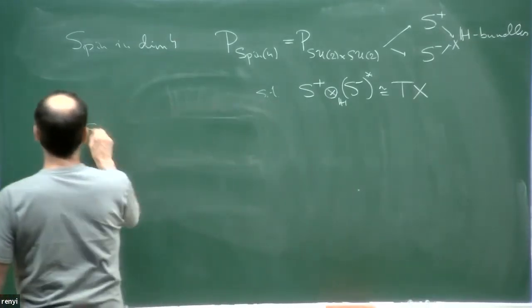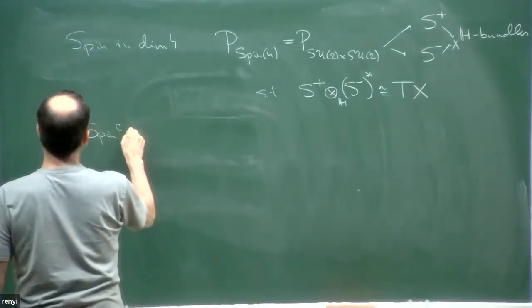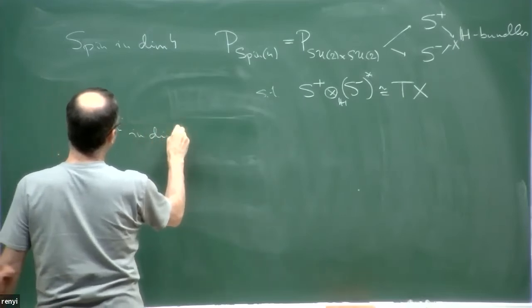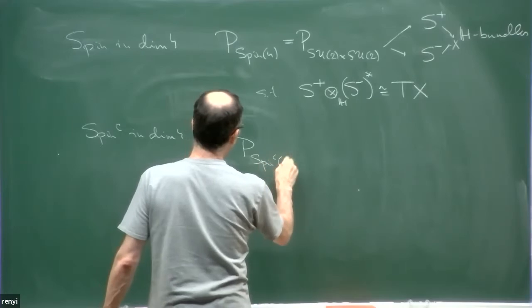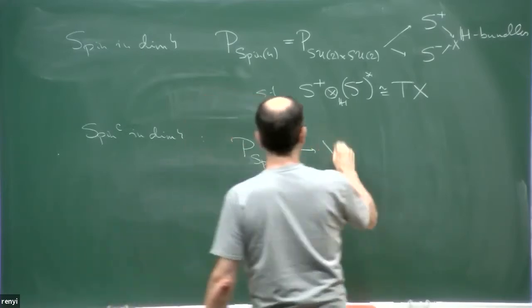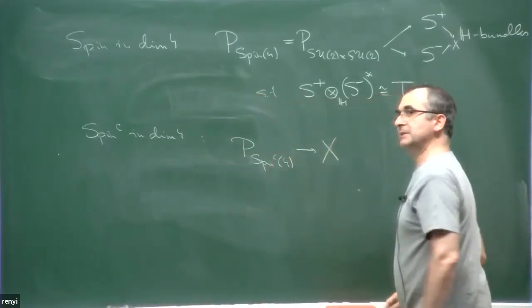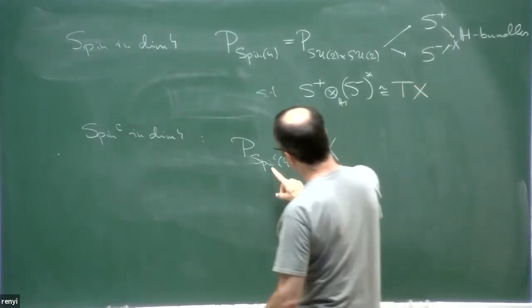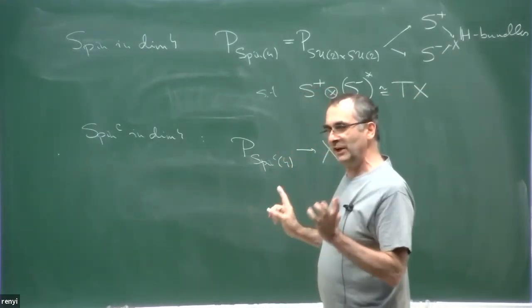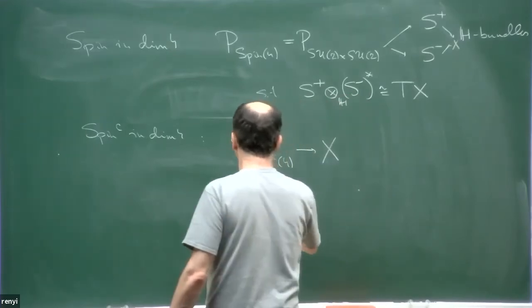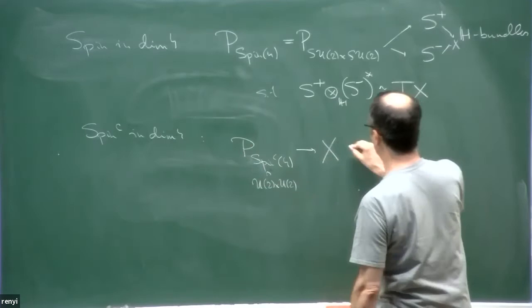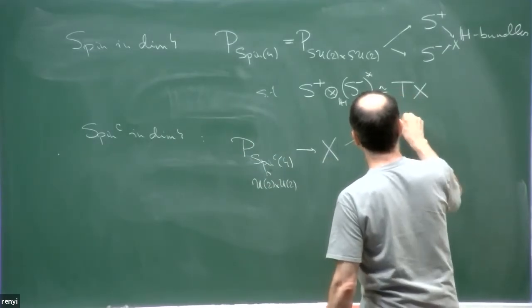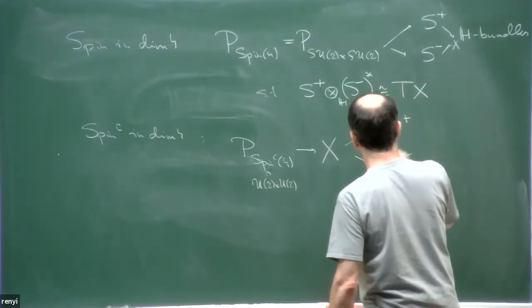And likewise, spin C in dimension 4 is, once again, we have this C4 principal bundle. And it's not exactly U2 cross U2, but it's very close to it. It's a subgroup of U2 cross U2. So again, we can take the first or second projection, and this will give us two U2 bundles.